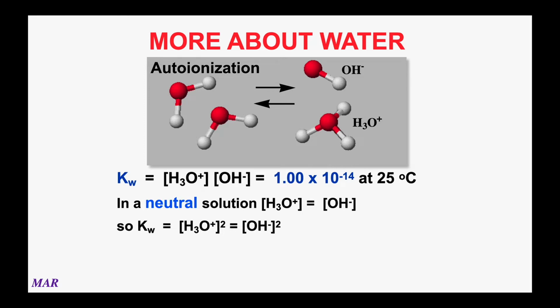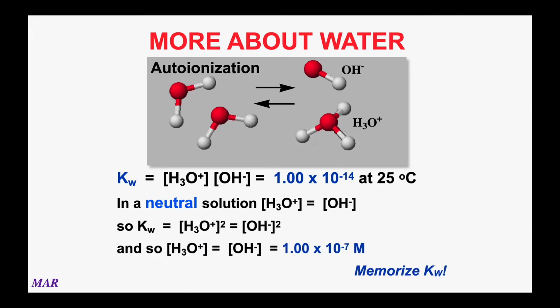So if that's the same, Kw, that 1.00 times 10 to the minus 14th, equals essentially x squared. So you can solve for x, the concentration of hydronium or hydroxide, 1.00 times 10 to the minus 7th moles per liter.